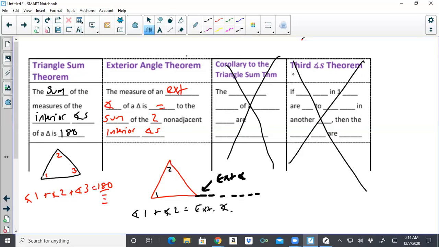So let's say the exterior angle equaled 80, then the two non-adjacent angles, like the bottom one and the side one, would each be 40, correct? Well, yes, essentially. They don't both have to be 40, but they would have to add up to 80. Yeah, because you could have like a 30 and 40. Correct, exactly. It could be 30 and 50, it could be 20 and 60, it could be 40 and 40, whatever. As long as it adds up to 80.